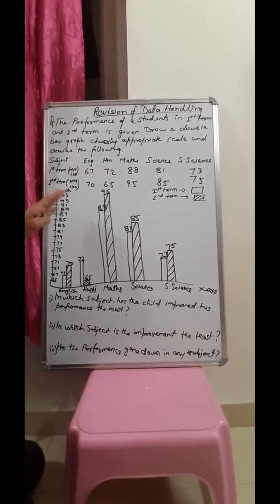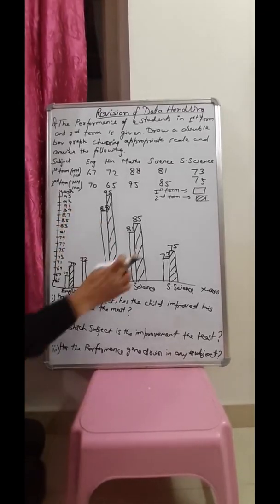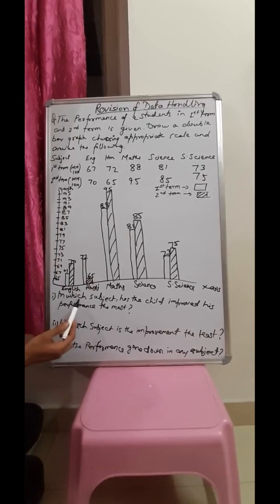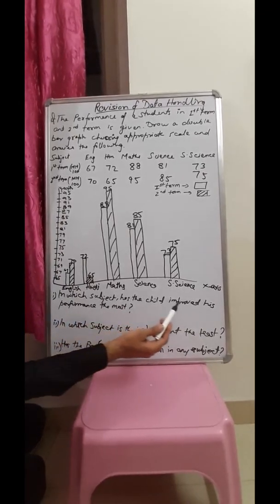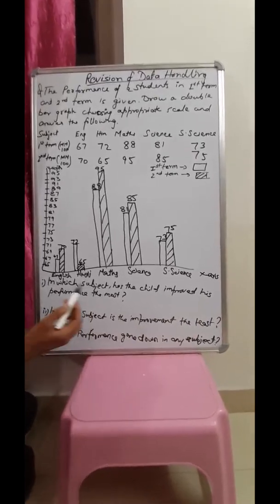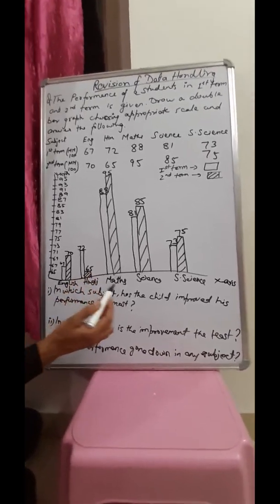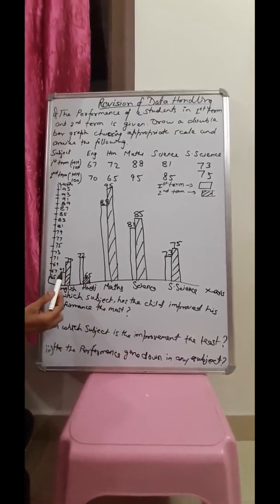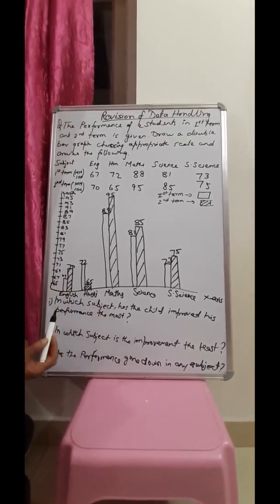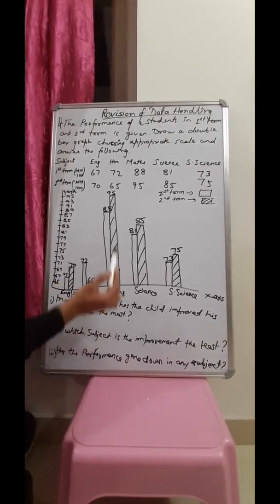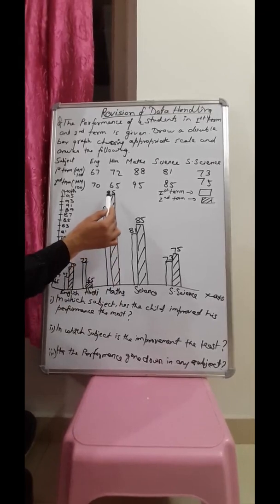Now study this table and bar graph, we are going to answer the questions. So first is, in which subject has the child improved his performance the most? So here we have to name the subject in which the child has improved the most. Here in English the performance is of 3%. In Hindi the performance has gone down. In maths the performance is about 7%.